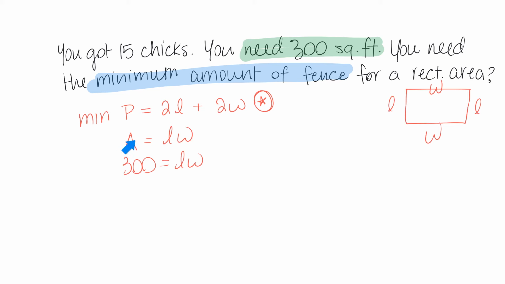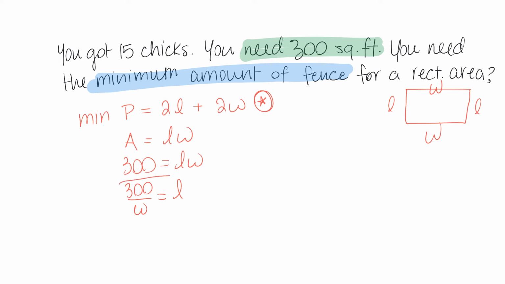So before our next step we know to substitute into whatever we're trying to minimize. So that means we need to rearrange our area equation so we can substitute it in. So do you want to solve for L or W? Let's solve for L. So we're going to have 300 divided by W equals L.